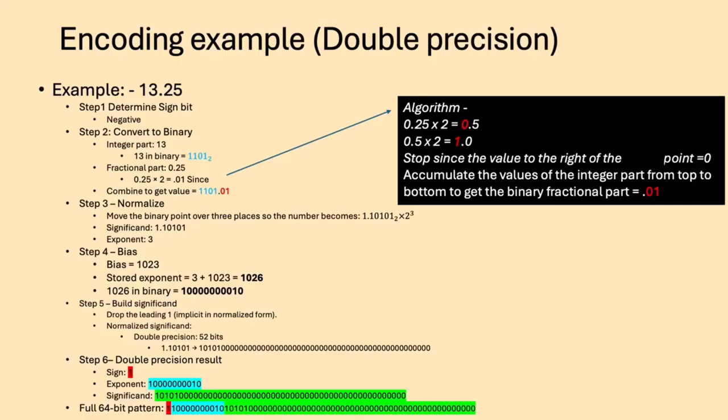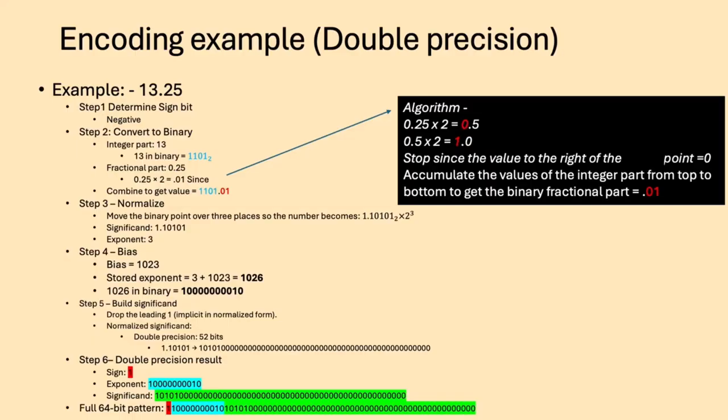Now the bias for double precision, though, is different. It's 1023 in decimal. We add in the stored binary exponent of 11, and that gives us a total of 10000000010 for the exponent.